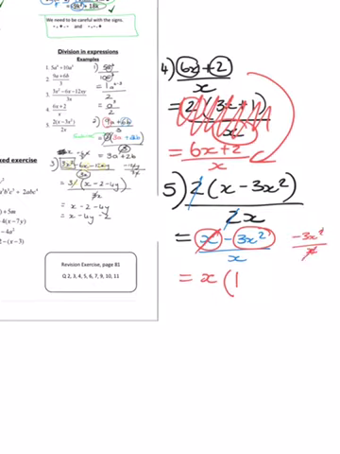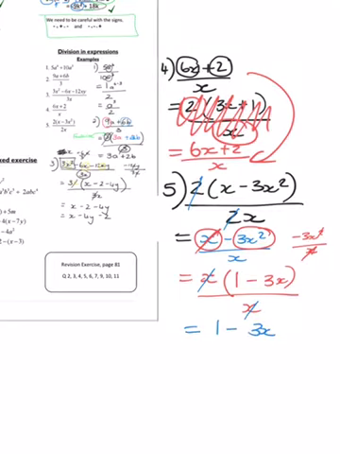We'd cancel out one of the x's. We'd be left with negative 3x. Make sure that you could possibly distribute to get back to your previous step. So x times 1 is x, x times negative 3x is negative 3x squared. Alright, so then for this last step, we can cancel our x's out, and we're left with 1 minus 3x.